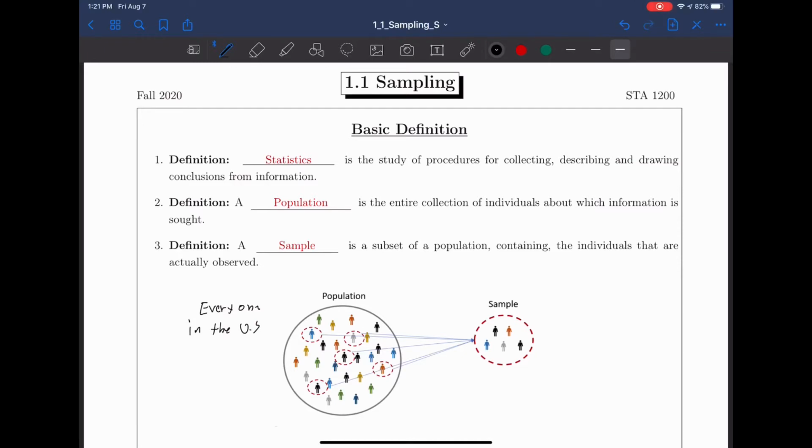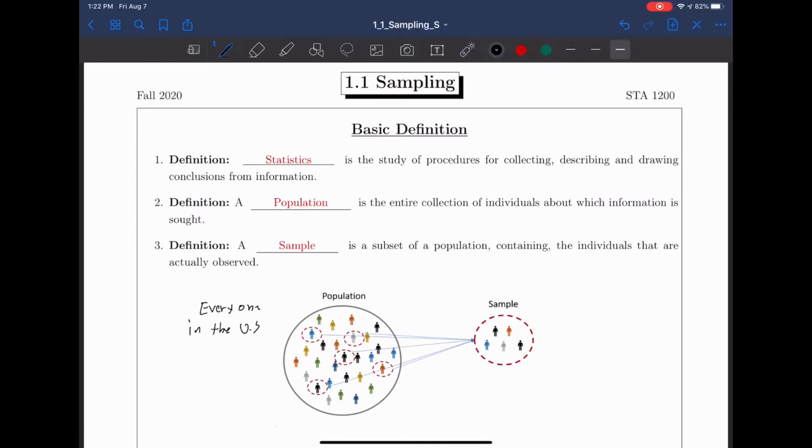Let's say you want to know the average height of people living in the United States. It's kind of impossible to get everybody's height because there are so many people. So what people do is take a sample: they take random people, measure their height, and do some statistical analysis on that.